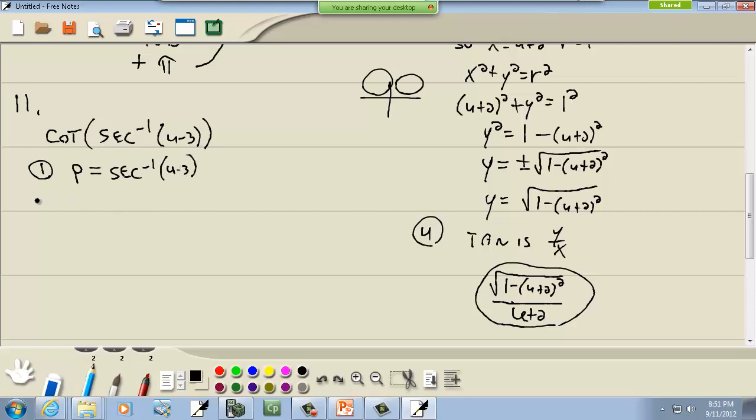Step 2 is to eliminate our inverse trig function, so we'll take secant of both sides. And so we get secant p, and those cancel and leave us u minus 3.